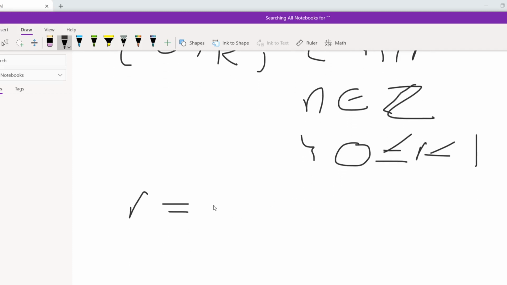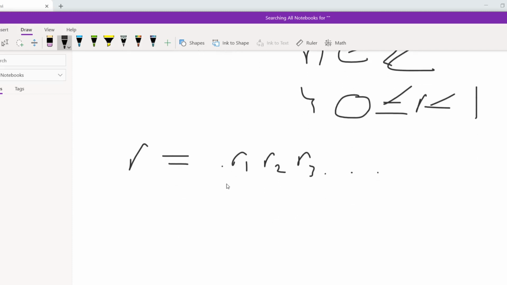Now we have this decimal expansion. Point r1, r2, r3. So each of the indexes represents the place past the decimal. And then we're going to make another arbitrary phrase, xk. This guy's going to be n plus r1, r2, up to rk.